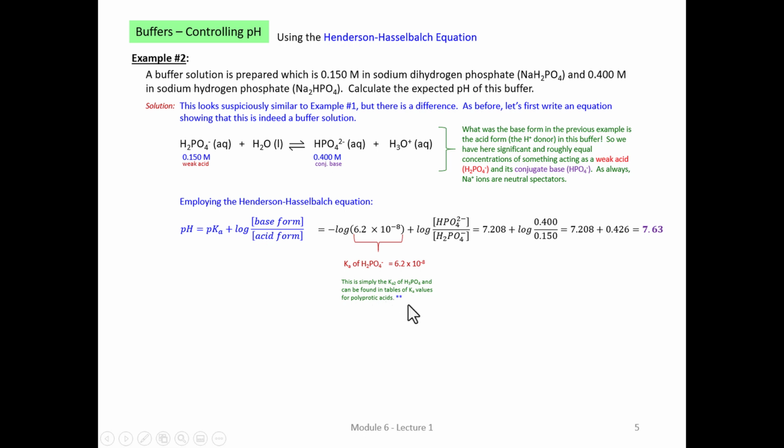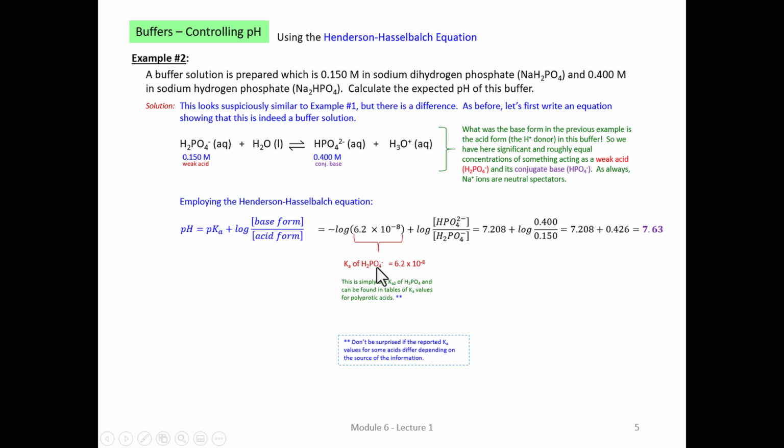Don't be shocked if you use a table that's different than the ones I supply from textbooks or other sources. Reported Ka values for some acids do differ depending on the source of the information. So the source I'm using uses this, so that's what we'll use.